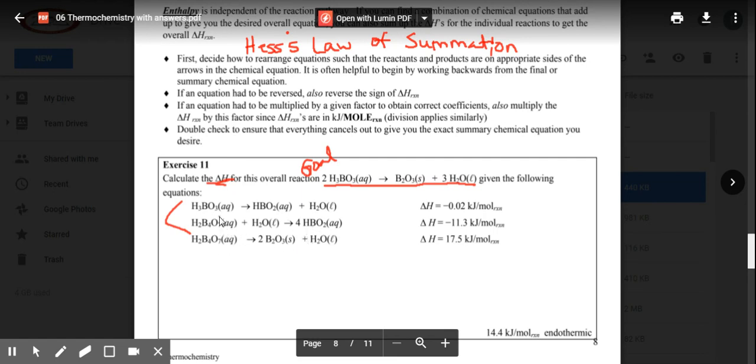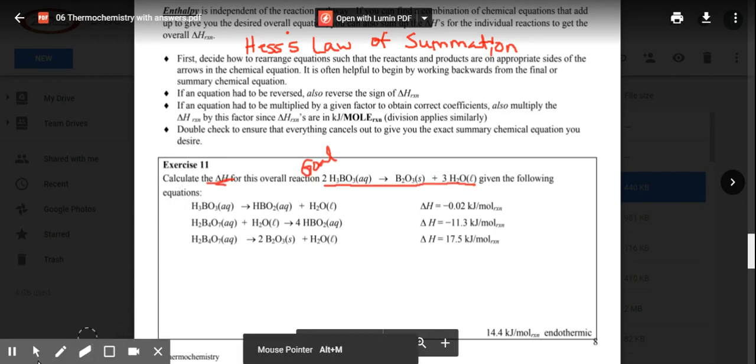Some reactions you might have to flip, some reactions you might have to multiply. And whatever I do to a reaction, I have to also manipulate my delta H to match that. So I'm trying to combine these equations to make my goal equation. Once I combine all of these reactions, I'm then going to combine my delta H values, and that will be my delta H value for the entire reaction as well.